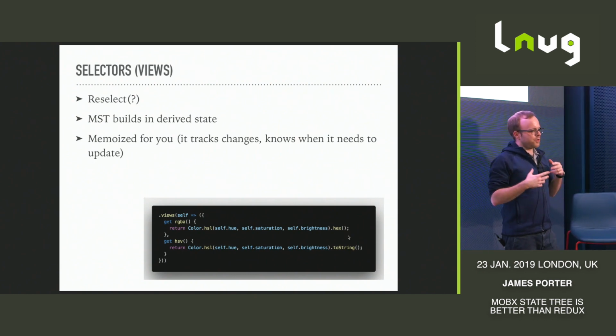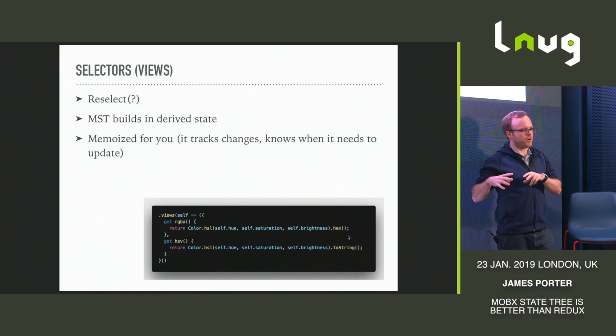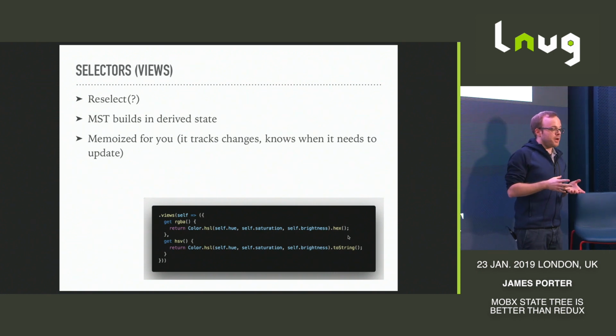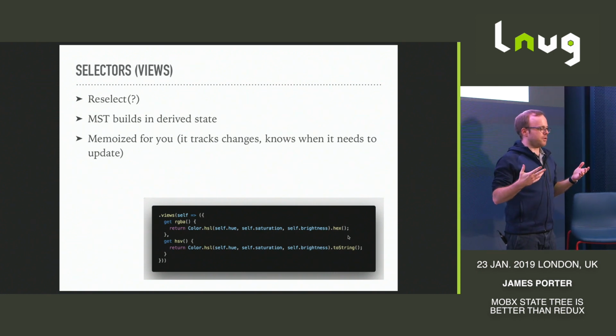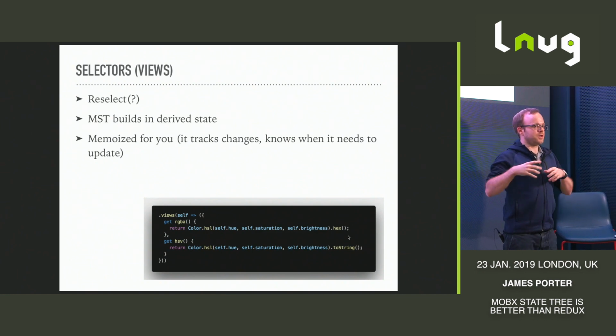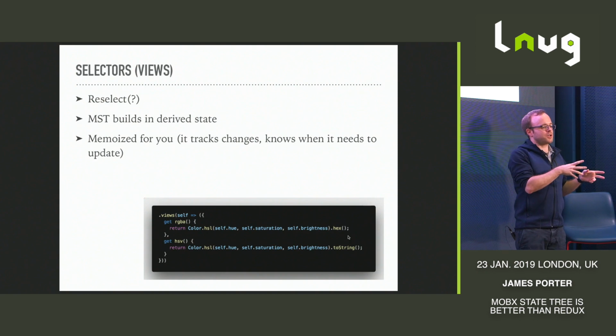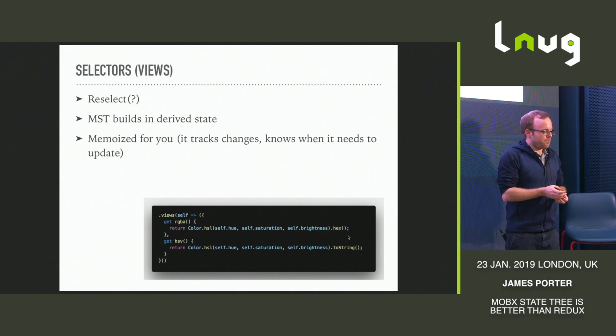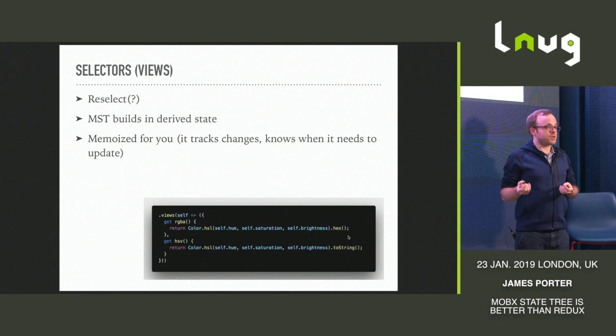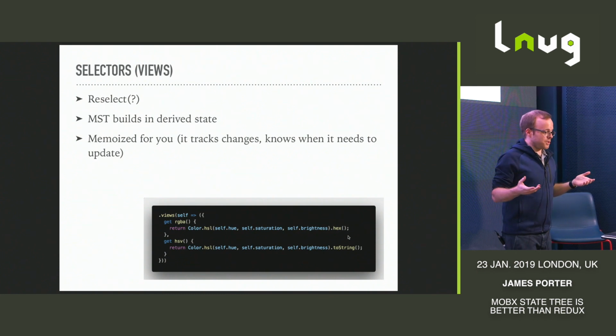One of the other things of Redux that I've mentioned a bit before is that it forces you to keep things very flat. So you keep your data in a normalized way, which doesn't actually reflect your domain. So you introduce a new library like reselect, which then takes this normalized stuff and maps it into the stuff the way you actually want to work with the data. But MobX State Tree has something built in to do this already, and again, it's much more concise.